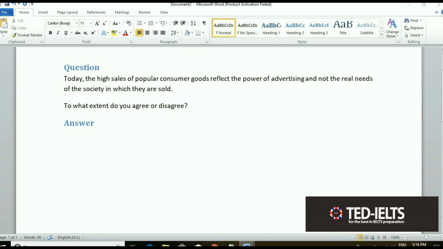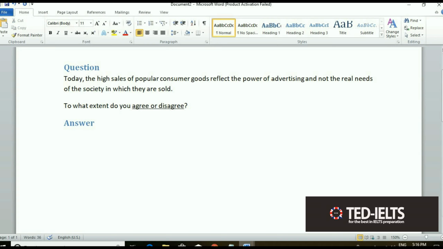So what kind of question is this? This is, of course, an agree or disagree question. So we have to come up with an opinion. I agree, I disagree, or I somewhat agree, somewhat disagree. What about the topic? Well, it's clearly a society question, isn't it?